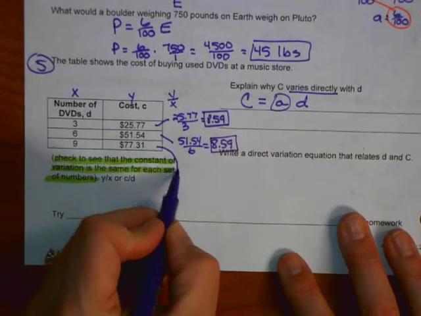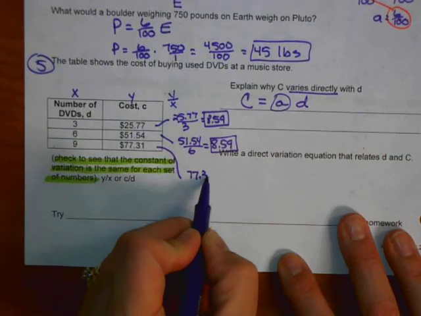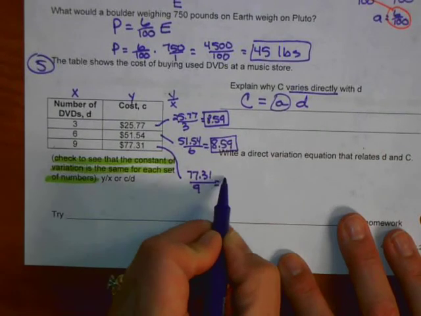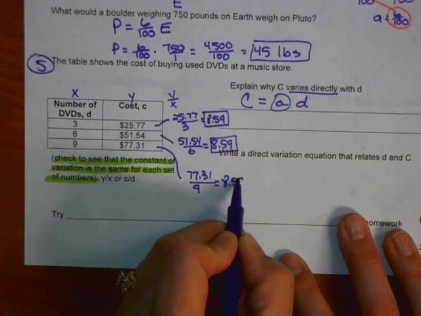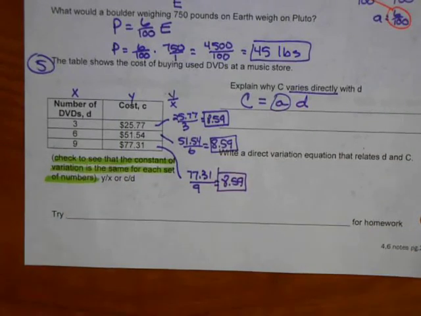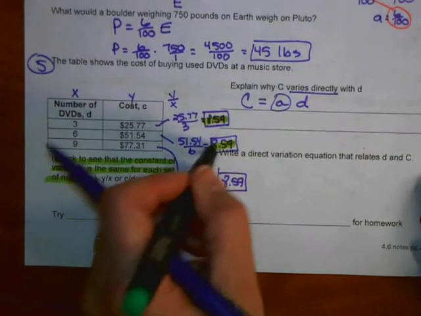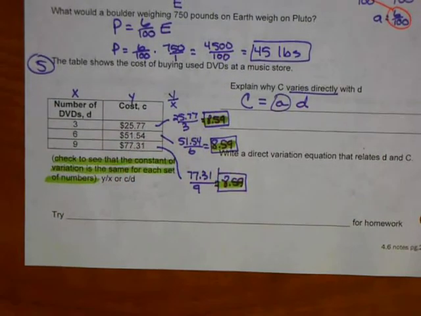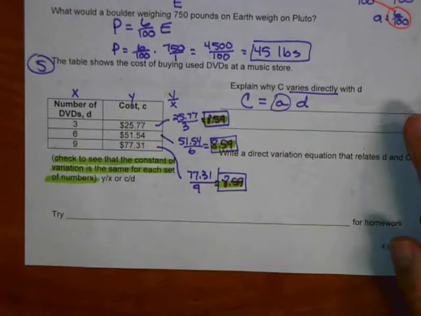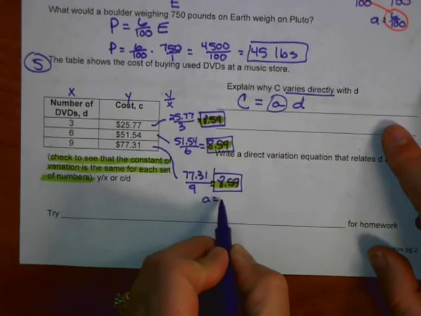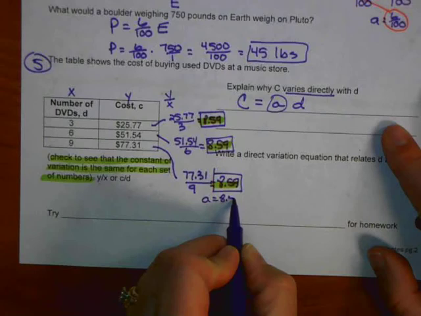And then the last one, if I do 7731 divided by 9, I'm going to get 859. These are the same. That means it is direct variation. A equals 859.